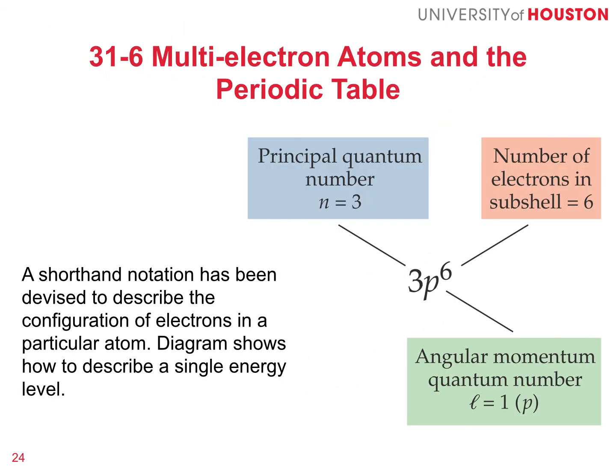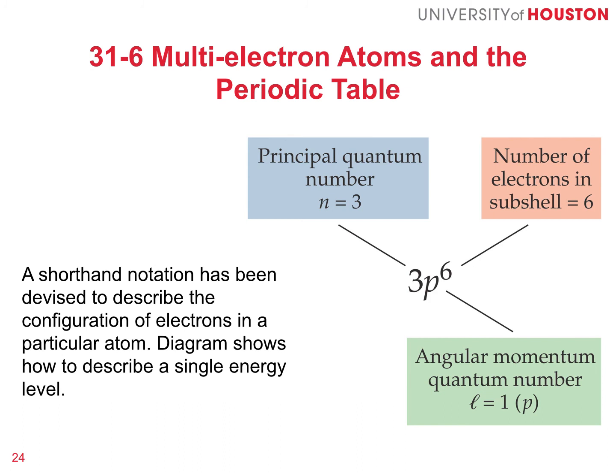We have a shorthand notation which is devised to describe the configuration of electrons in a particular atom. The diagram before shows how the various states relate to the energy levels. The shorthand notation example we have here is 3p6.